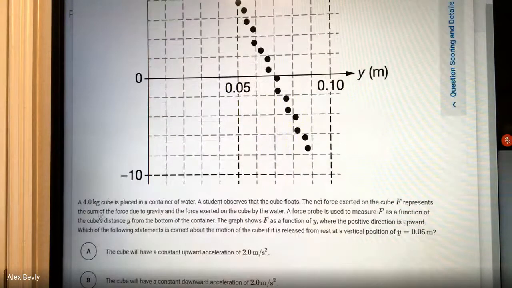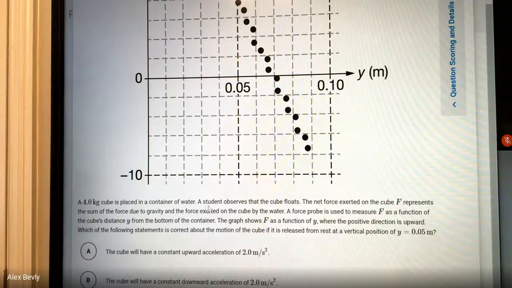A 4 kilogram cube is placed in a container of water. A student observes that the cube floats. The net force exerted on the cube F represents the sum of the force of gravity and the force exerted on the cube by the water.